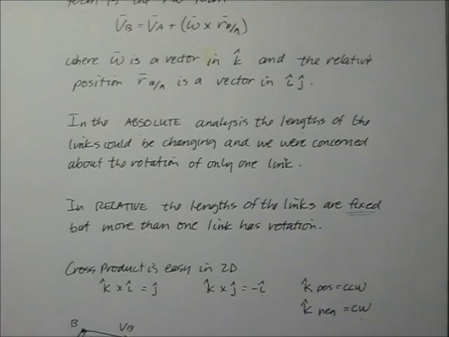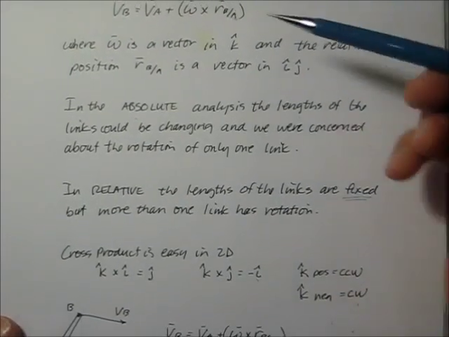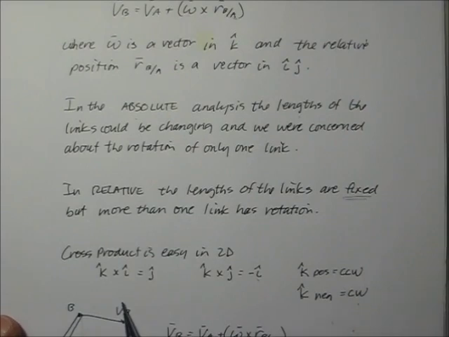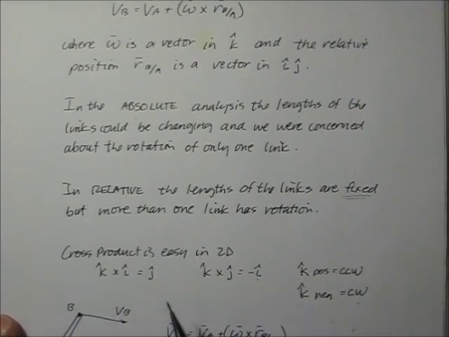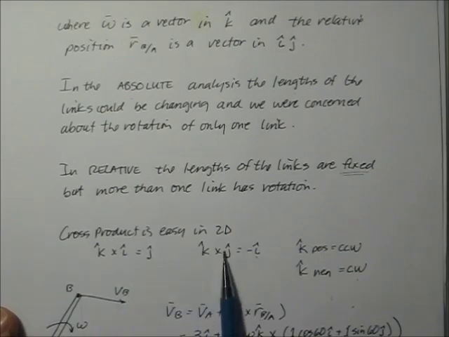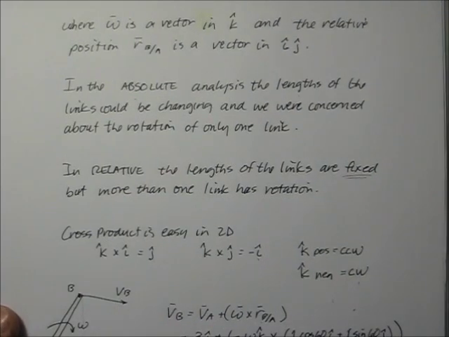All right, so back to the relative equation. We know that with respect to a term is a cross product, and so we're going to take this cross product in two dimensions. And we're going to say that k cross I is j, and k cross j is negative I. Recall from your work in statics, and maybe calculus, the cross product is the determinant of a 3x3 matrix.